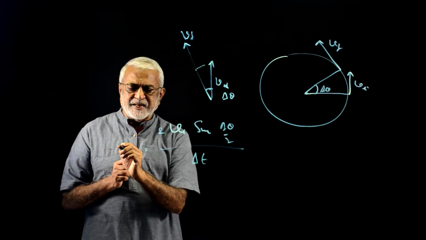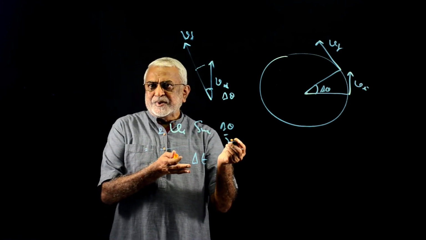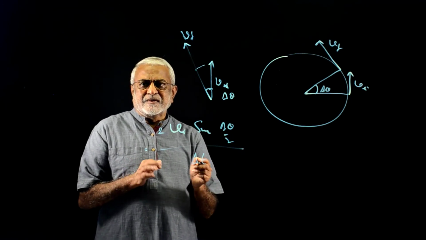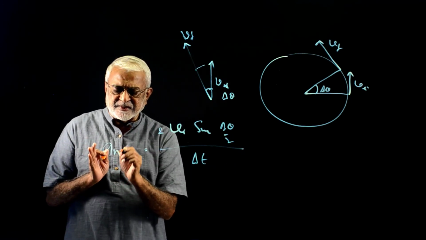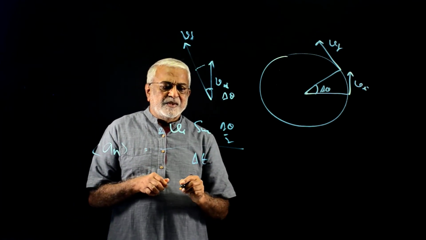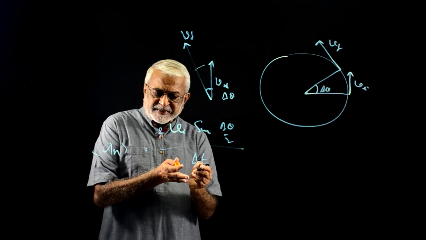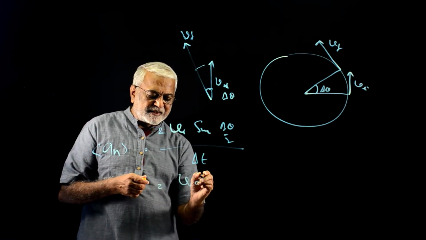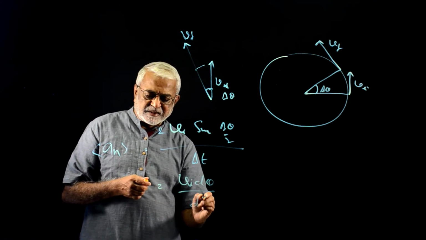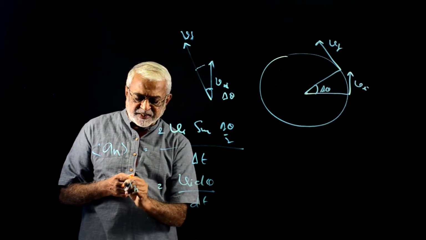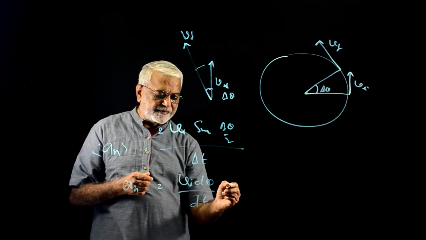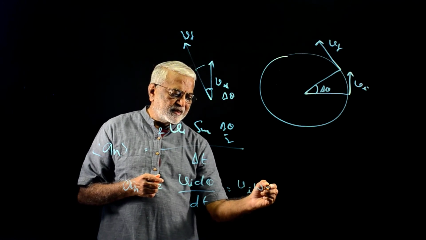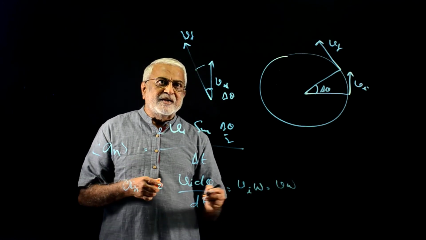We'll call that a normal, and when you do the calculation for large delta theta, we'll have a certain average value. But when delta t tends to 0, delta theta tends to 0, this will be vi d theta by dt, and this is instantaneous acceleration. Vi omega, we can drop that subscript. Well, this is what we got earlier.